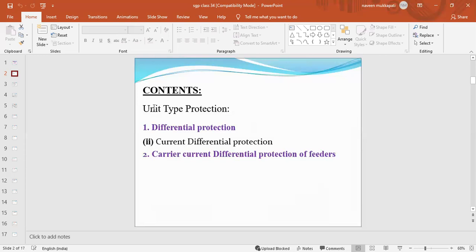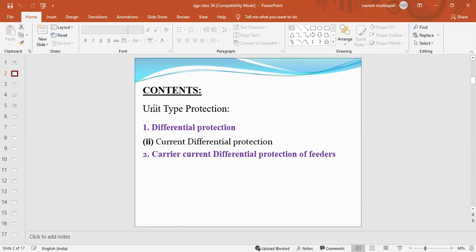Why are we using the carrier current differential protection? Because differential protection is not economical for lengths greater than 15 kilometers. That's why we are using the carrier current differential protection.